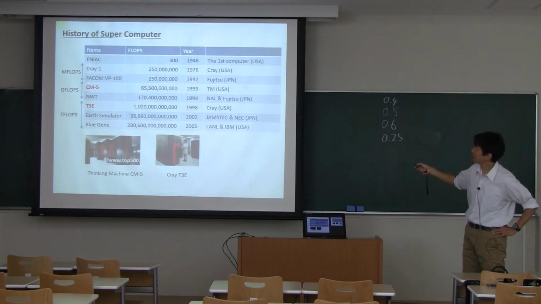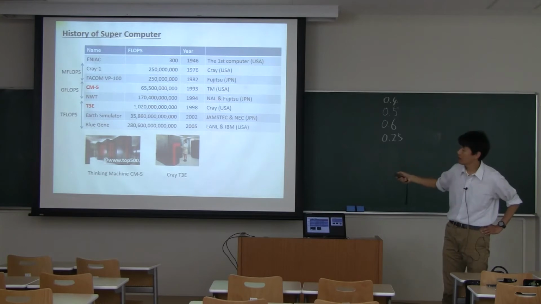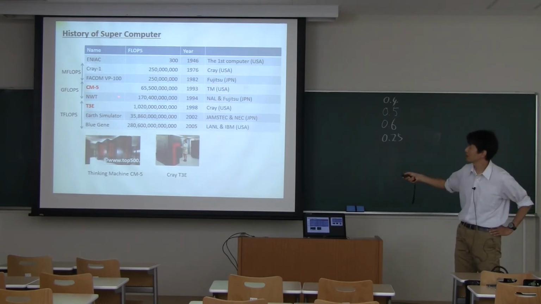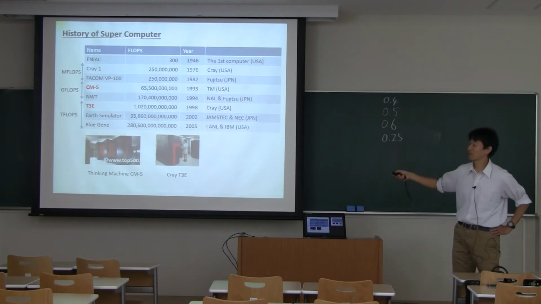Mid-17th, early 18th, the ability is megaflops level. And early 19th, the ability of supercomputers exceeded gigaflops level. Personally, I used CM5 for my master thesis, so I have a lot of good and bad memories.